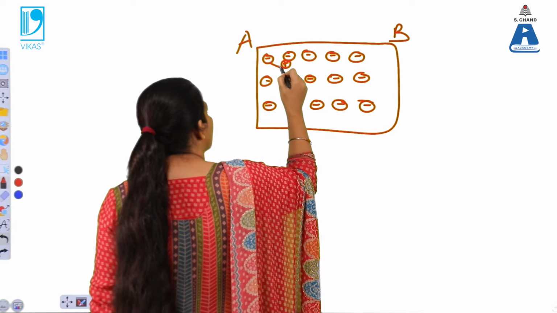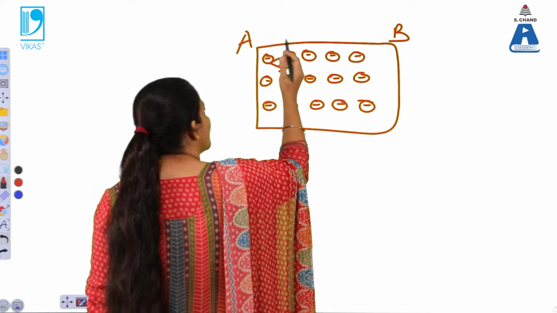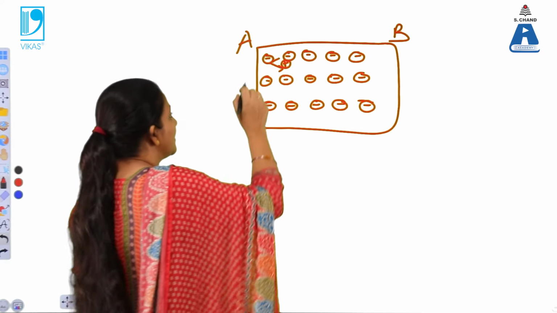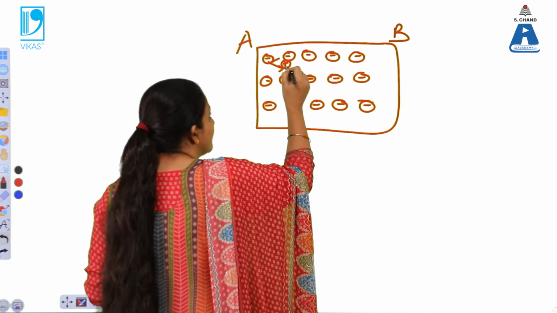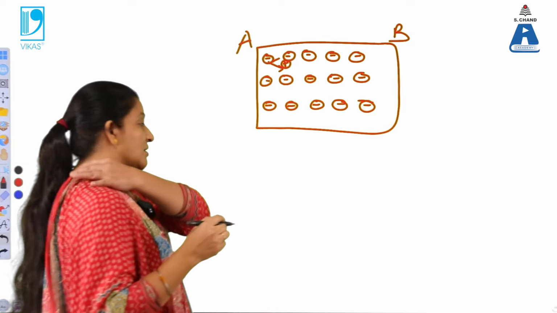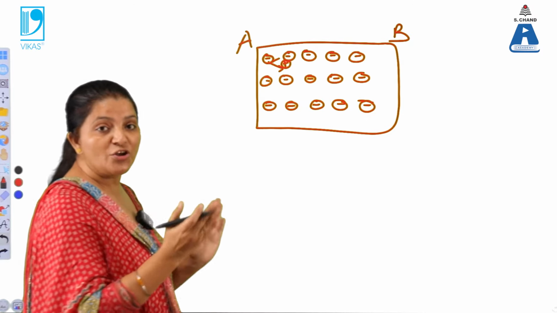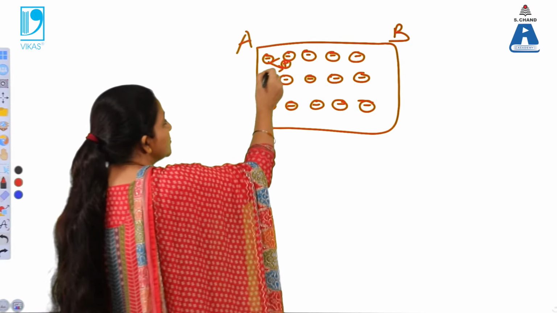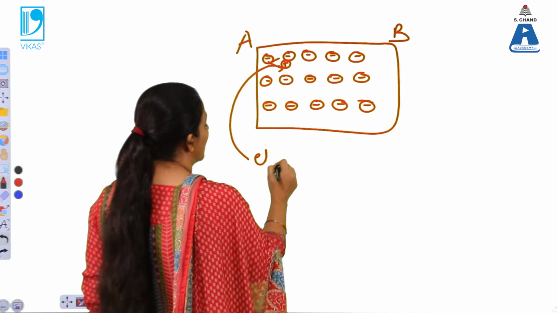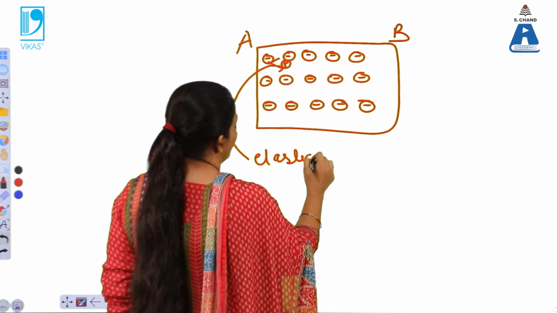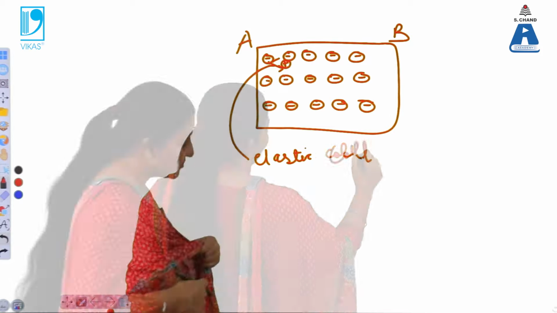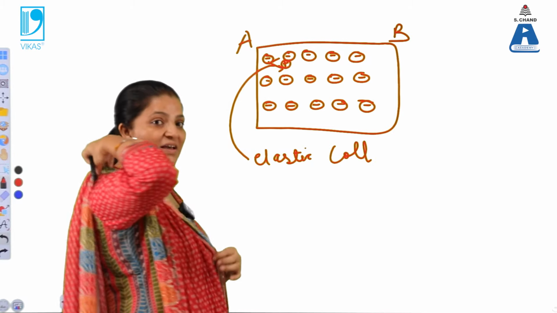It will suffer attractive force and repulsive force also. So when it suffers attractive force, collisions must occur. These collisions are known as elastic collisions.